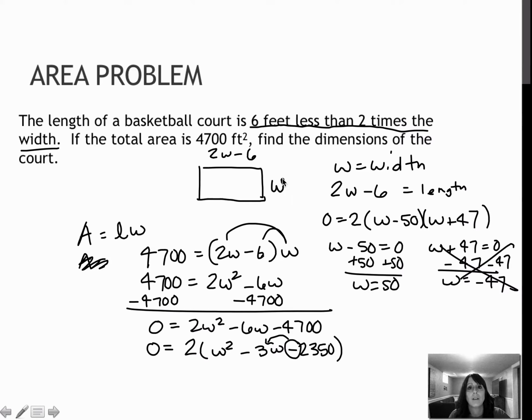To find the length, I would then plug it back here. So 2 times 50 minus 6 would be 94. And so I would write a sentence that said the width of my basketball court is 50 feet and the length is 94 feet. So hopefully that's regulation.